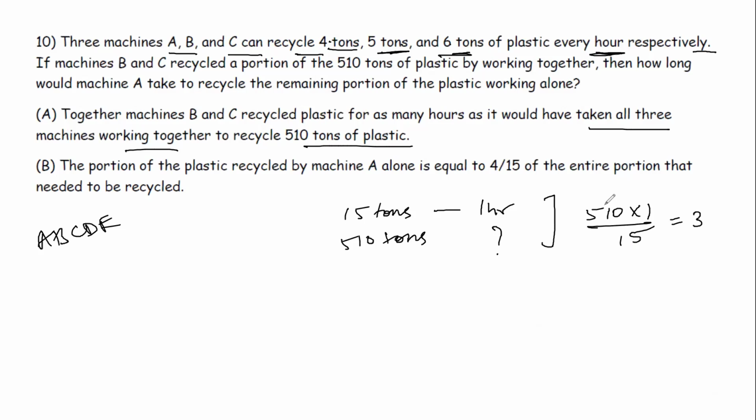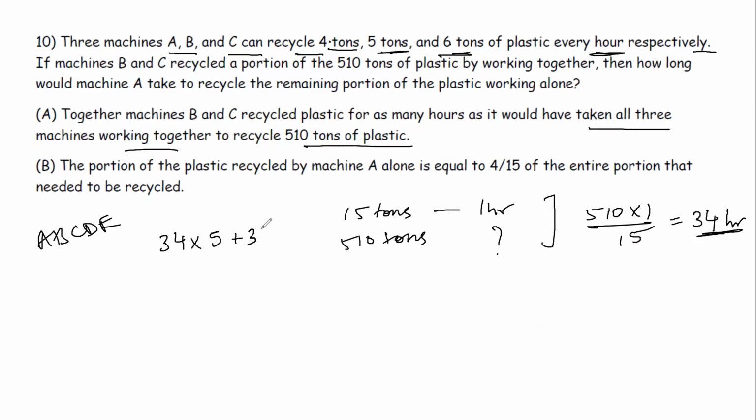15 threes are 45, 60, 15 fours are... So 34 hours. Yeah. And that is also the time taken by machine B and C. Okay. So B is 5 tons. So 34 hours taken by B and C, right?